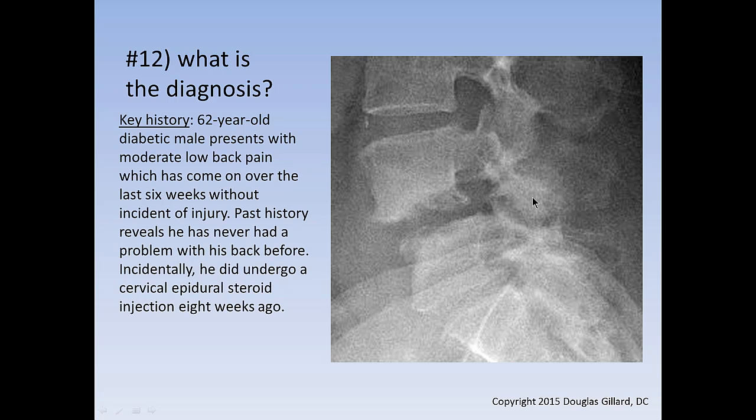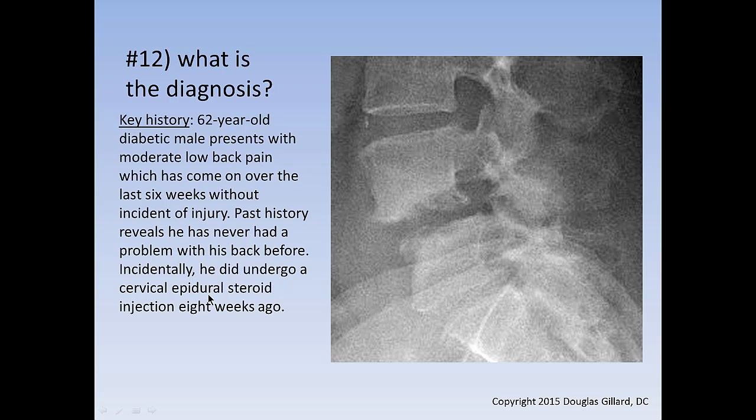So this is probably a healed pars fracture here, grade 1 spondylolisthesis, but I'm very concerned about this blurred joint space. The fact that the patient is diabetic increases the chances for this diagnosis. This greatly increases the chances for the diagnosis.